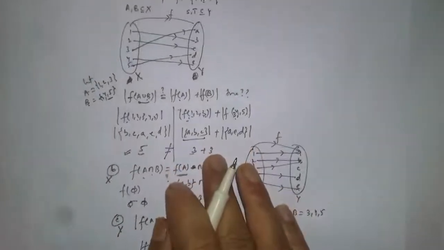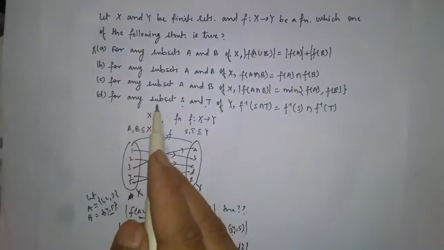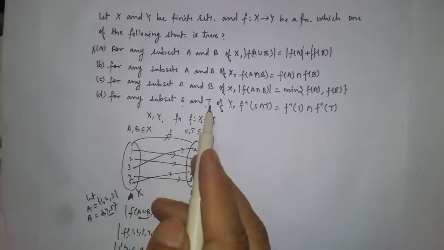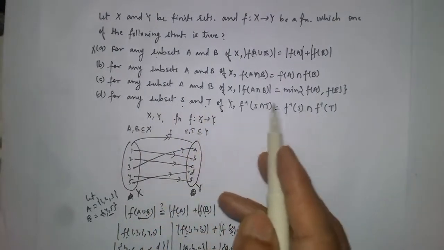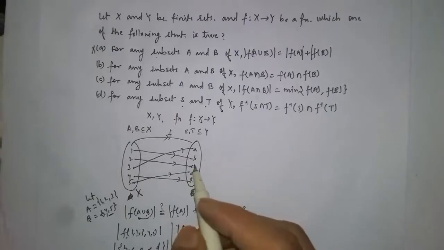Now we will check option D, that is, for any subsets S, T of Y, whether these are equal or not.